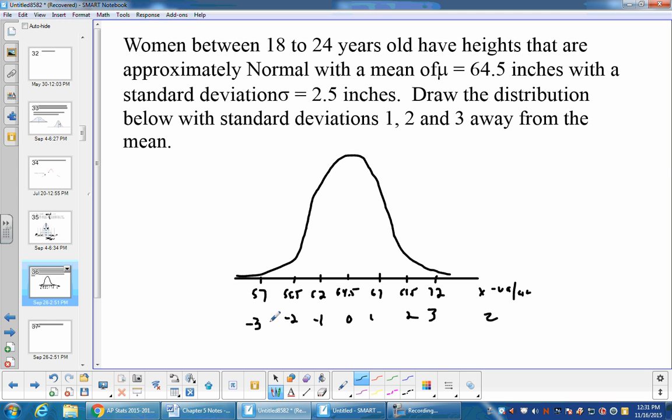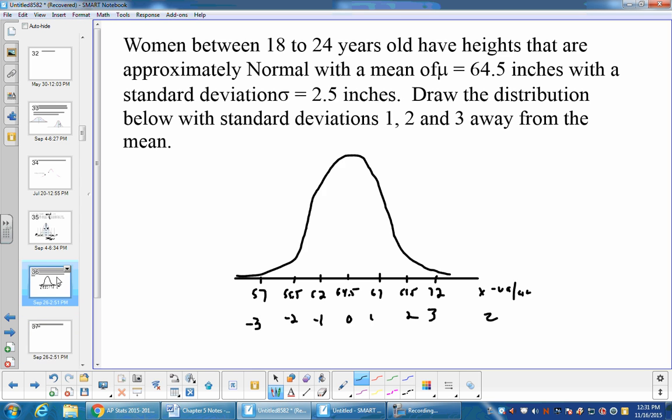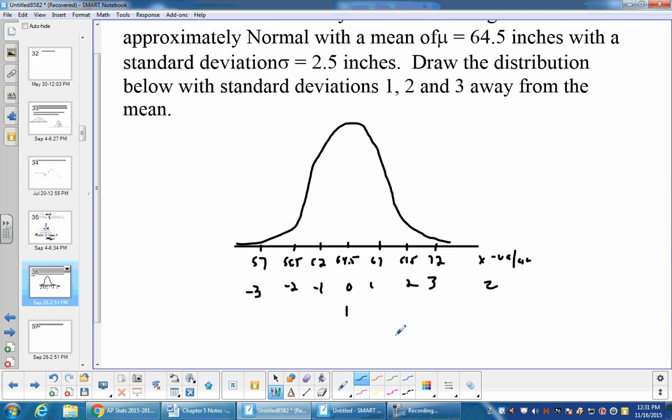It doesn't matter if we do this in x values or z values. The graph looks the same. But now, when we say what height is approximately at the 97.5 percentile? So coming up from the bottom, we know percentile is at or below. So the 50th percentile is here. And if I go up to the next one, that's 50 plus 34. So this is the 50th percentile. This is the 84th percentile.